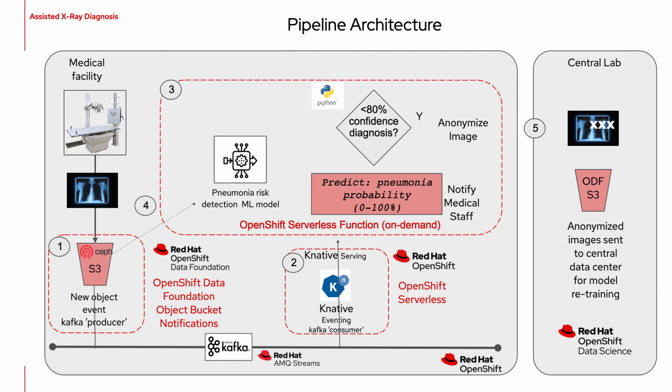Now from there, Knative, which is the technology behind OpenShift Serverless, spawns off a number of activities, including an inference function that uses artificial intelligence to detect probability that the image depicts a pneumonia case. If that probability is high, it immediately notifies the medical staff so that they can respond more quickly to high-risk patients. And it also anonymizes the image, removing any personal information, and sends that image back to the core data science team to help retrain that AI model.